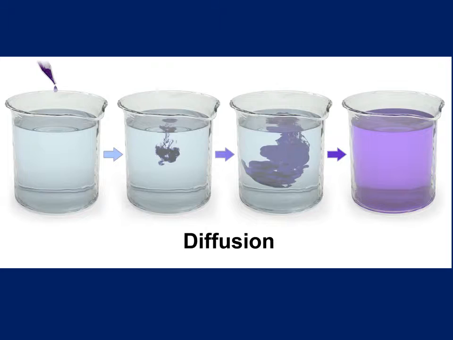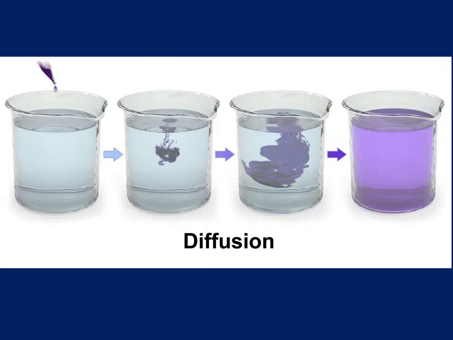diffusion. If you remember from maybe high school science class, like the picture, you have that drop of food coloring that's high in concentration. So the water has no food coloring in it all the way on the left.